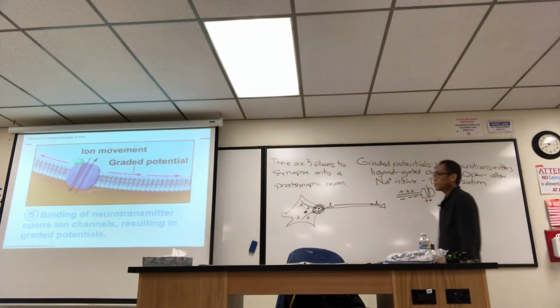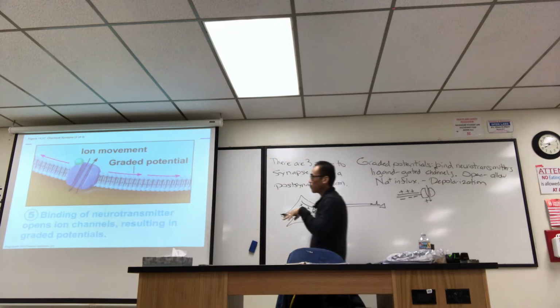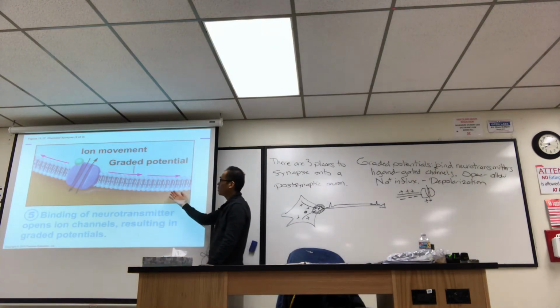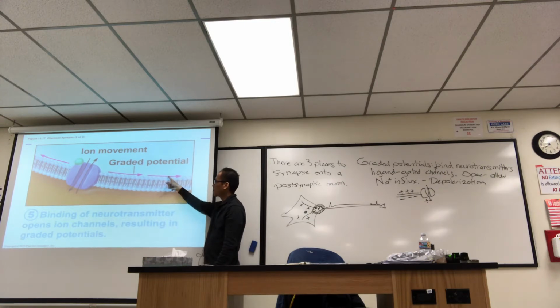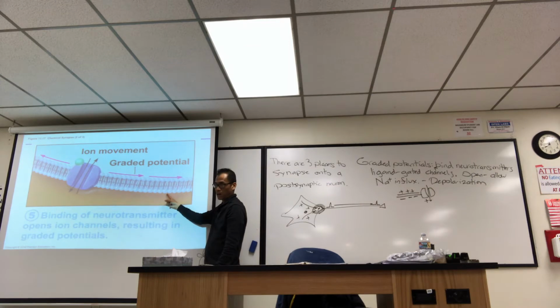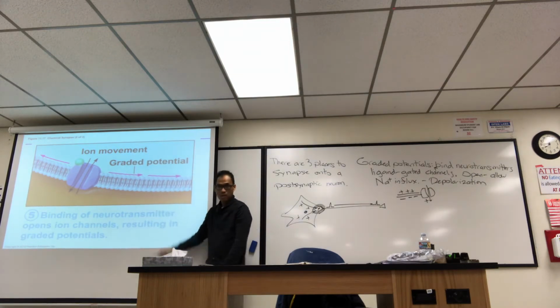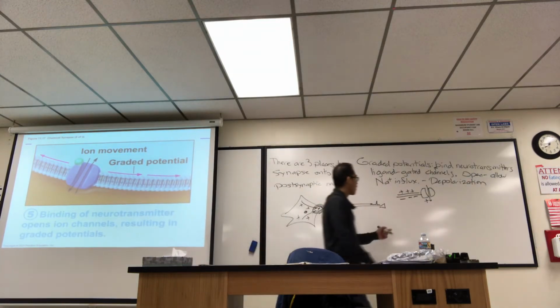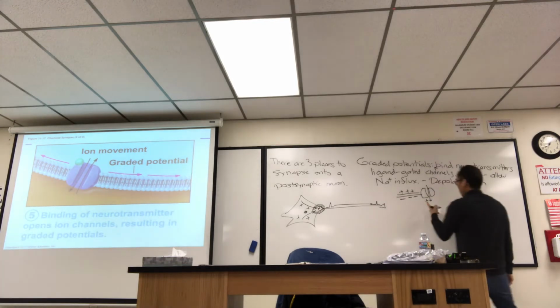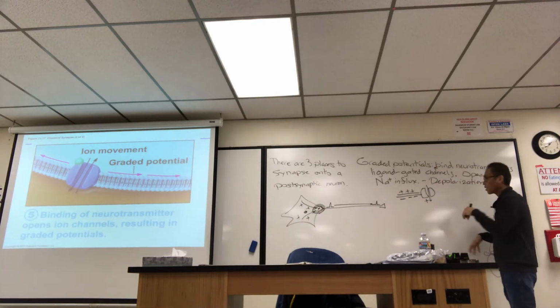Now, notice you have ion flow across the cell membrane. Notice you have ion flow within the cell membrane. And what I don't like about this figure is they should put these arrows on the inside, not the outside. Imagine you're a positive ion, you got in. That's ion flow across the cell membrane.